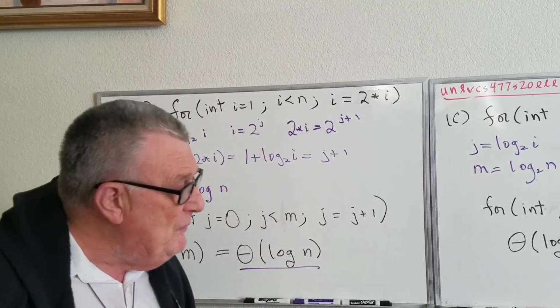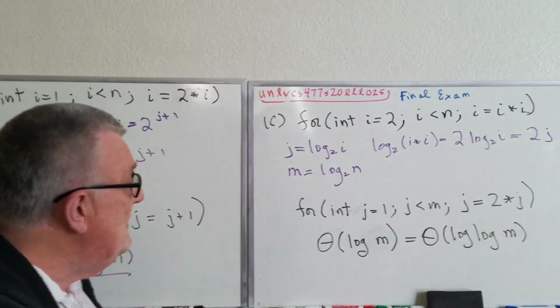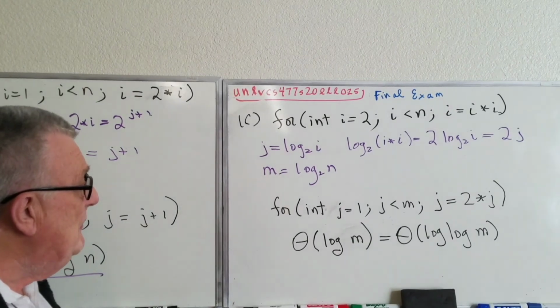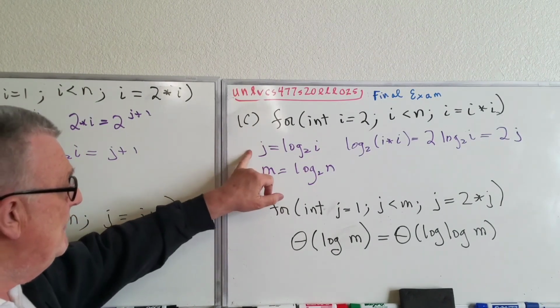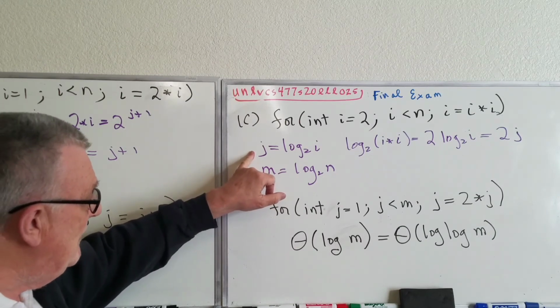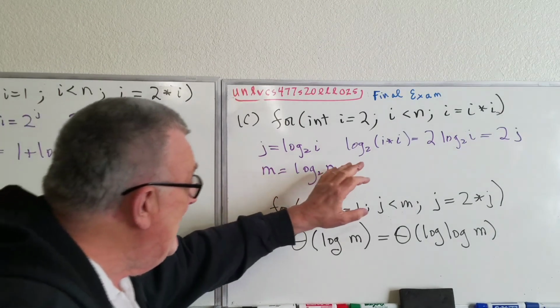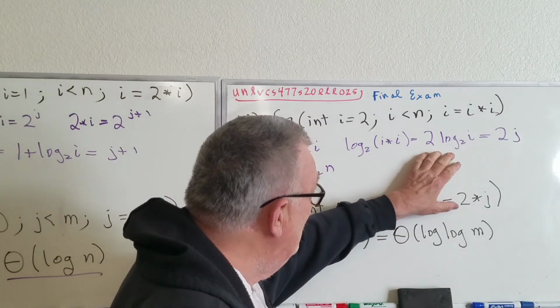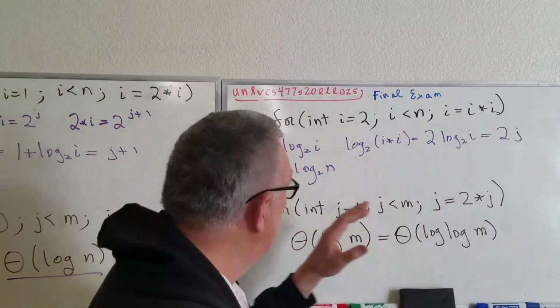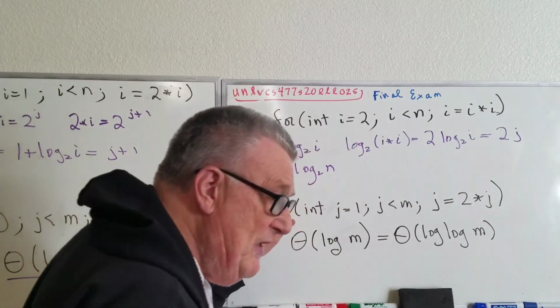All right, now, problem C is the next step up. We're going to square the index at every step. So, once again, we let j equal the base 2 logarithm of i. Now, the base 2 logarithm of i times i is 2 times the base 2 logarithm of i, which is 2j. And we're going to let, again, m equal log n.